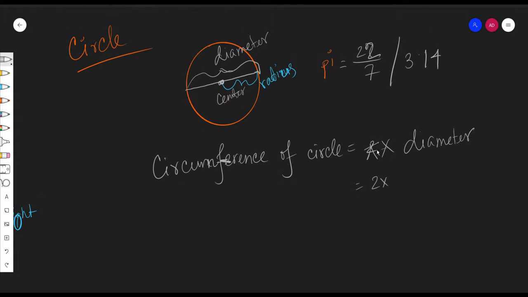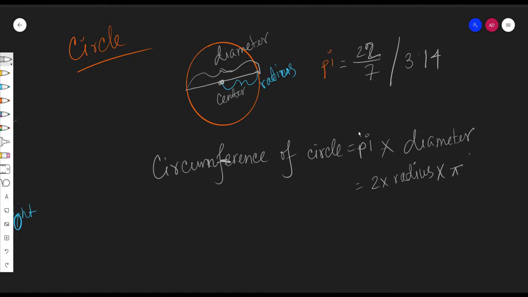Sorry, this one is not 2, this one will be pi. We can write this as pi into diameter, or 2 into radius into pi.